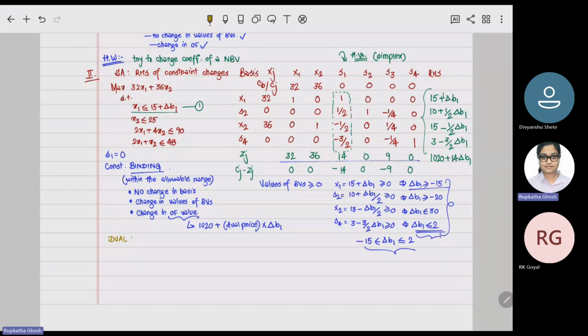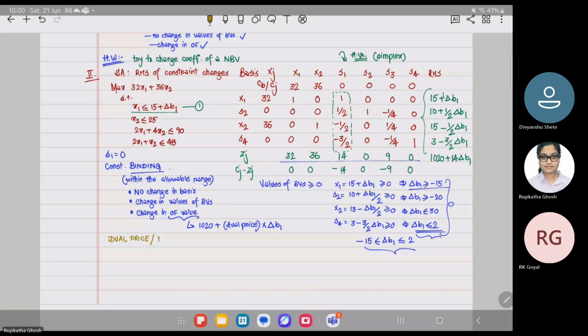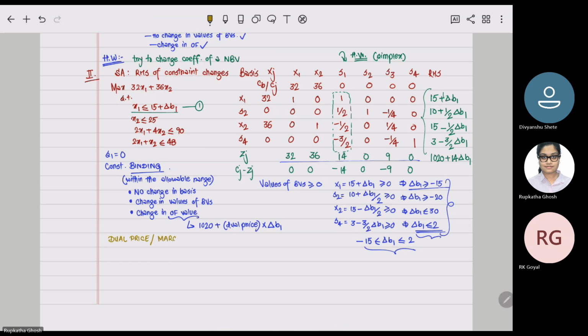We call it dual price, or marginal price, or shadow price. What is it?